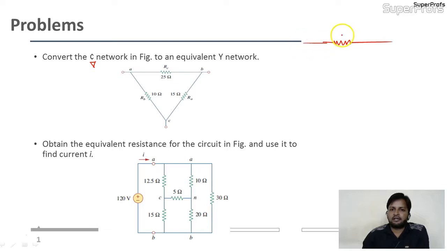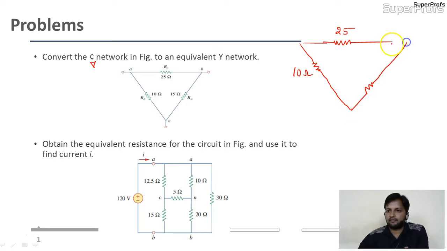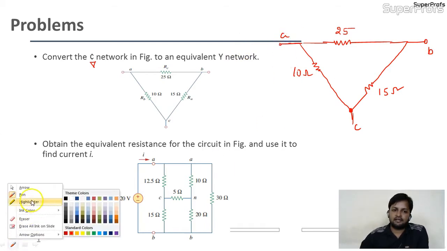Okay, they have given the values also. 25 ohm, here it is 10 ohm, okay, correct. And here it is 15 ohm, okay. It's 3 terminals, C, B and A, right? Now our task is to convert this circuit in equivalent star.